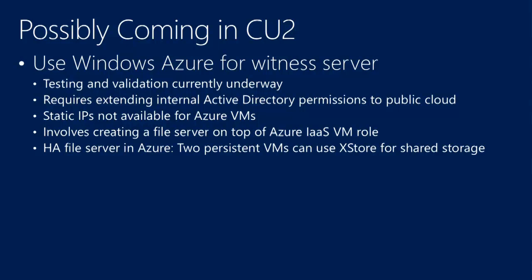If, however, you are already an Azure subscriber, and you don't mind doing things like taking your Active Directory and extending it to Azure by deploying a DC from your environment in Azure, and then creating a file server in Azure so that you've got local permissions and local authentication, if you don't mind taking your on-premises Active Directory and extending it to the cloud, then this should make a great scenario for getting that third location for your witness.